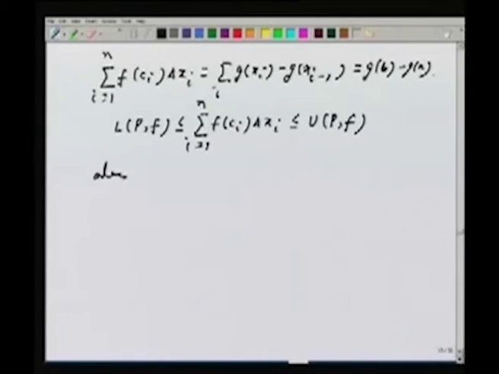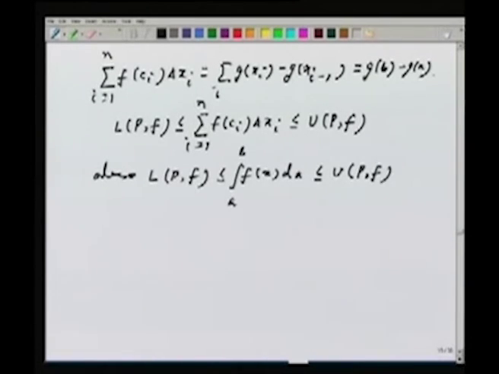Also, I know that L(P,f), since f is Riemann integrable, is less than or equal to the integral a to b f(x) dx, which is less than or equal to U(P,f). Because the integral a to b f(x) dx can be thought of as the upper Riemann integral, which is the infimum of the U(P,f)s, so it is certainly less than or equal to U(P,f). It can also be thought of as the lower Riemann integral, which is the supremum of the L(P,f)s, so it is certainly bigger than or equal to L(P,f).